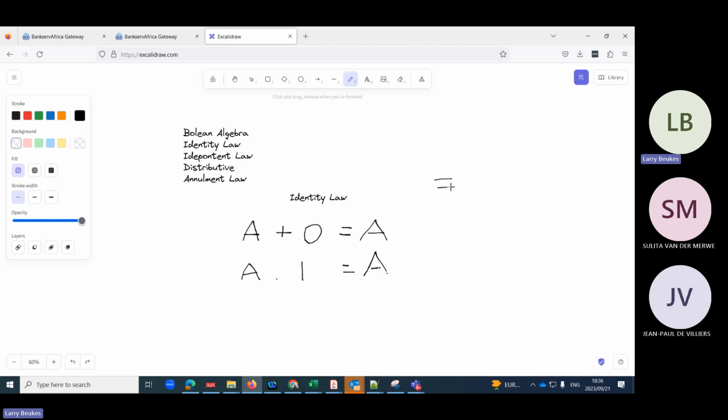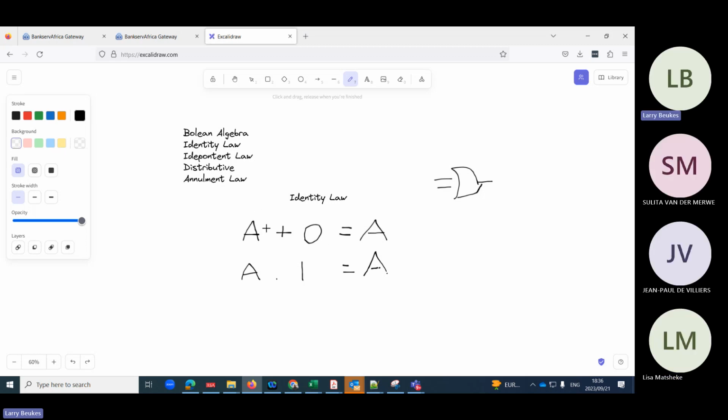So let's use a 2-input OR gate. What we're trying to say here is that this is input A and input 2. Any value between the two inputs that is ORed with a 0, the output will be that value, right?